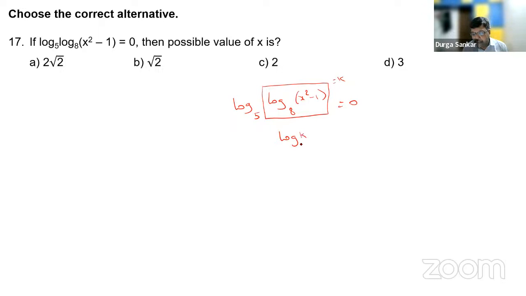So log k base 5 is equal to 0, by definition gives me the value of k as 1, meaning log x square minus 1 base 8 is equal to 1. According to the definition of logarithm, I get x square minus 1 is equal to 8 power 1, 8. X square is equal to 9. X will be 3 because anyway logarithm is not defined for negative numbers. So definitely a type A question.